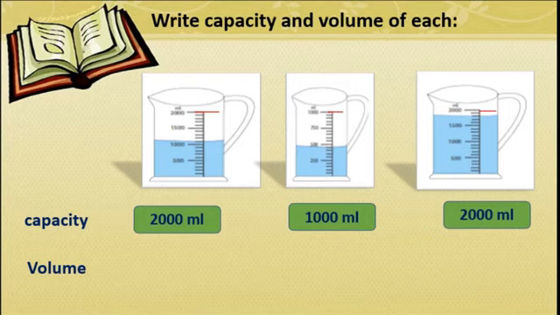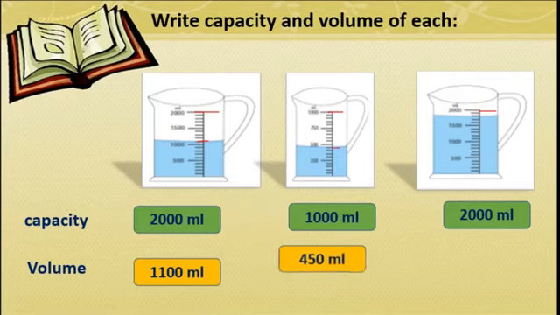Now come on, help me to find out the volume of these liquids. Yes, in the first jar this is 1000 and this is 1100. So 1100 ml. Okay, here. Next one, here 250 and 1 less to 500, that is 450, isn't it? 450 ml.